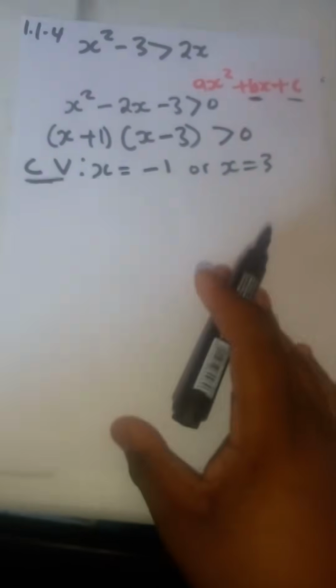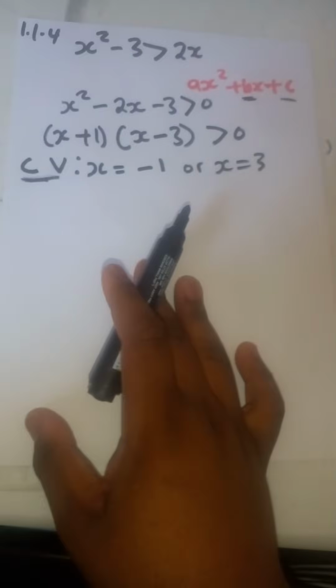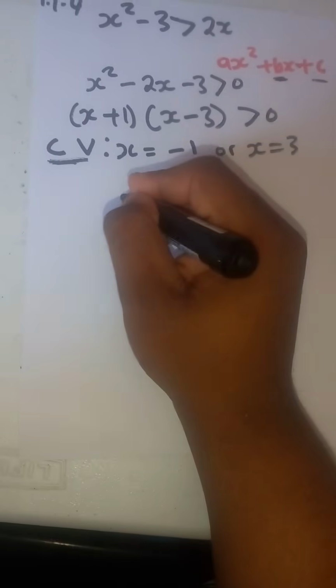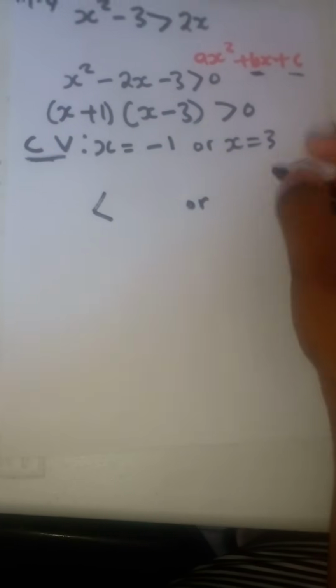So now check something. I said that as long as my a is positive and greater than 0, you must split the 2 answers. So now they must look at each other, so I will be having something like this or like this.